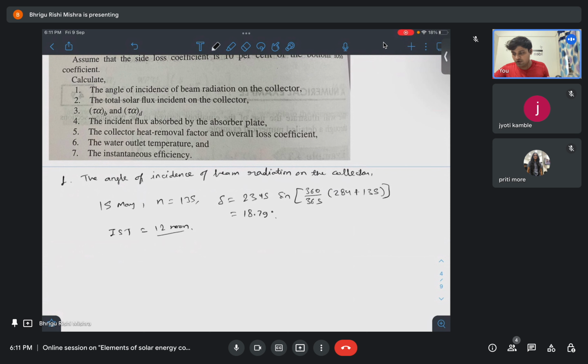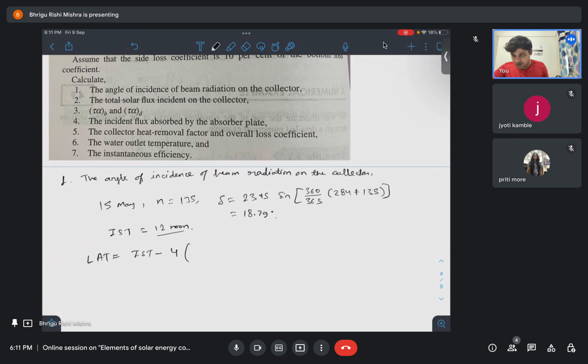Local apparent time, LAT, is nothing but Indian Standard Time minus 4 times the difference between the standard time longitude and the local time longitude, plus the equation of time correction. There is a plus or minus here; since Pune is in the eastern hemisphere, we are considering the minus sign.